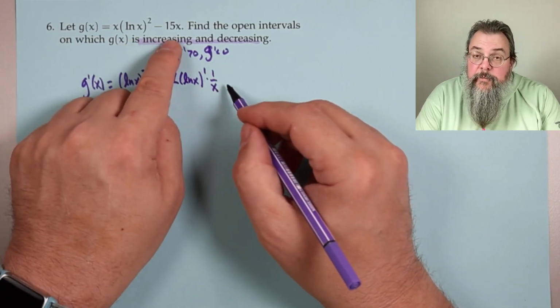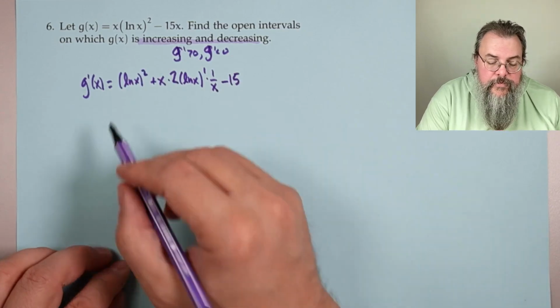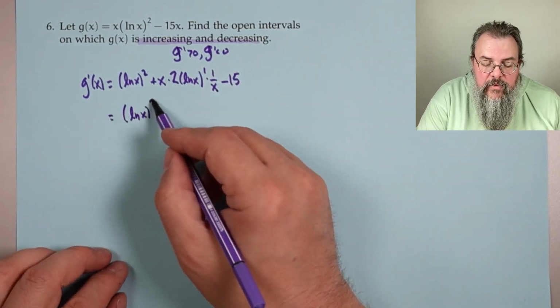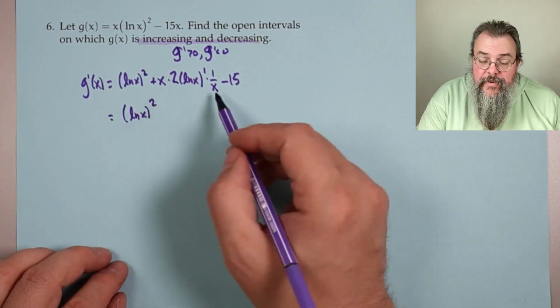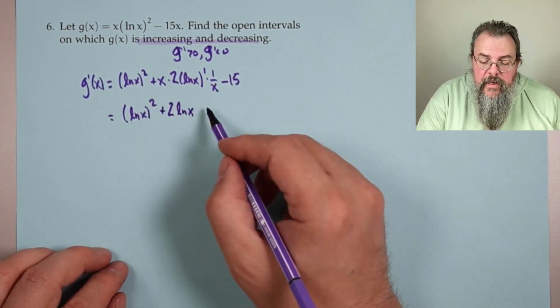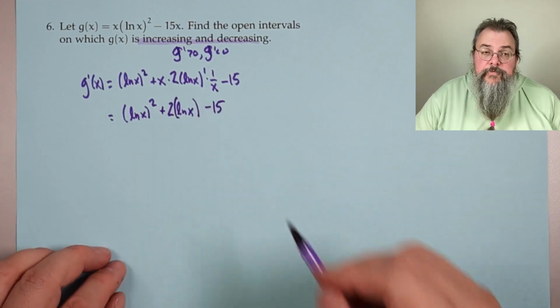And then the derivative of minus 15x, minus 15. Okay, so that's log x squared. There the x's cancel, so that becomes plus 2 log x, and then minus 15.